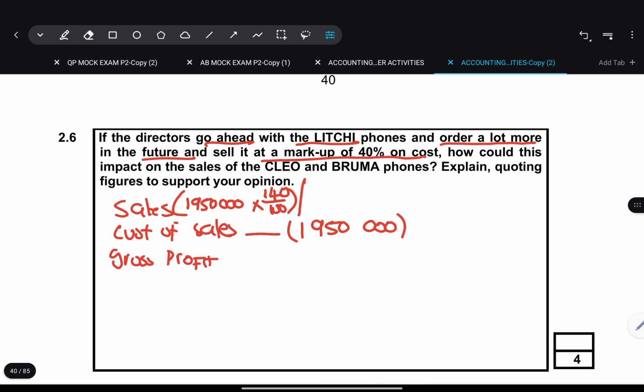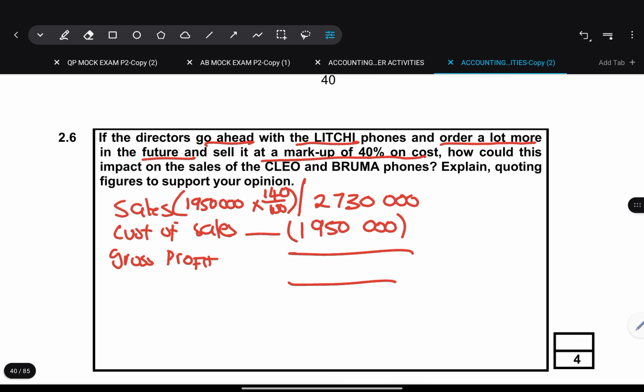So when we say 1,950,000 multiplied by 140 divided by 100, it is going to give us 2,730,000. So they will make a gross profit.